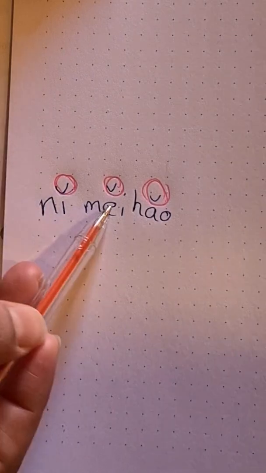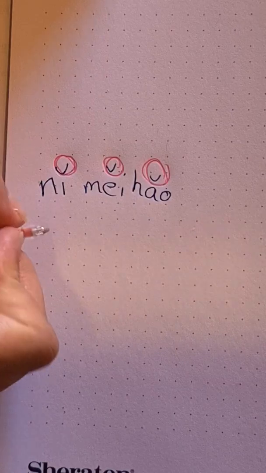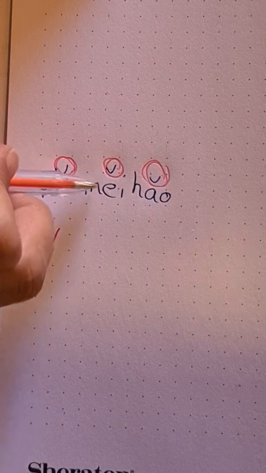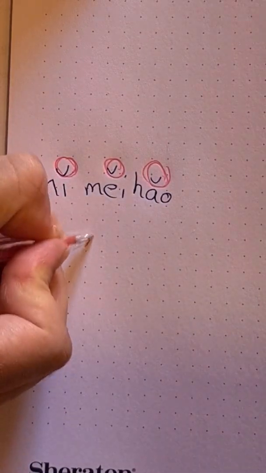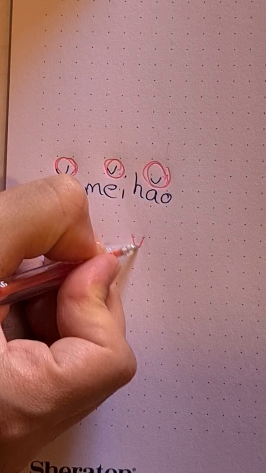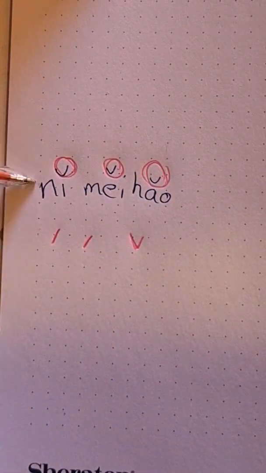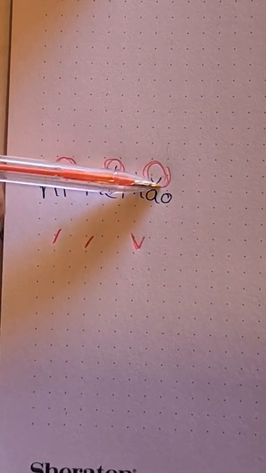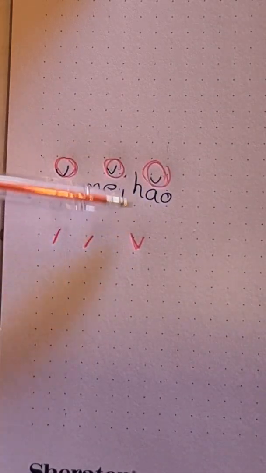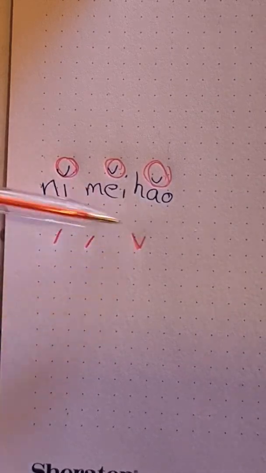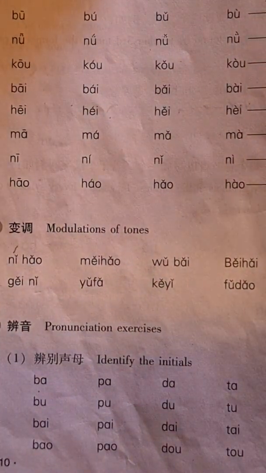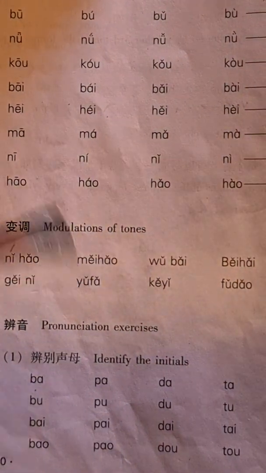Whenever you see third tone after a third tone, you have to change the first one only in pronunciation into second tone. Here we have another third one. So this one again will be changeable to second tone. And this one we will keep as the third tone. So this means that you are beautiful. So we pronounce it not ni mei hao, no, we pronounce it ni mei hao. Okay? I hope it's clear for you, the system that we're doing here.